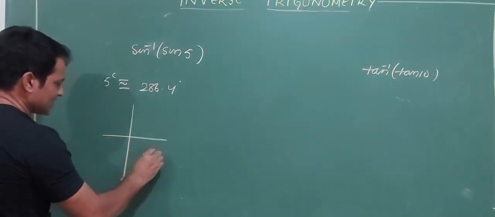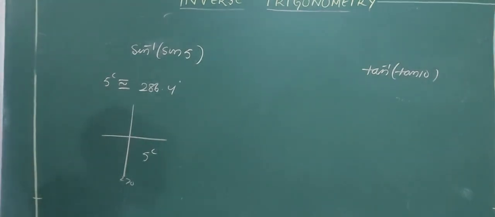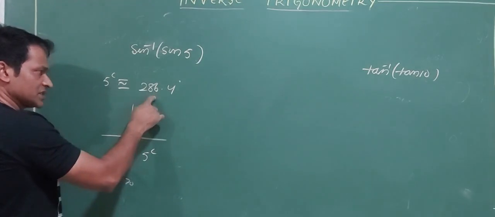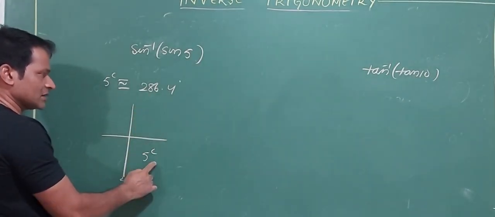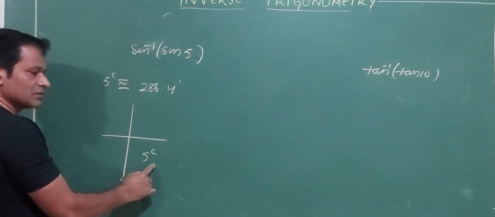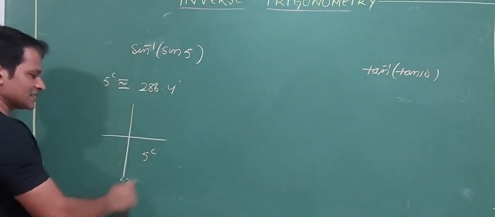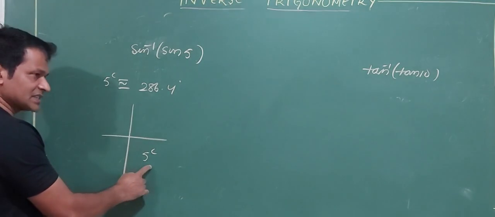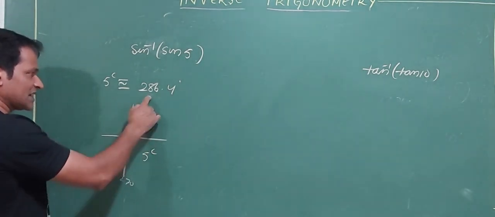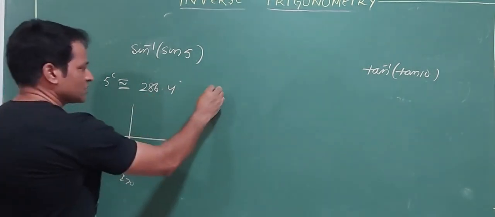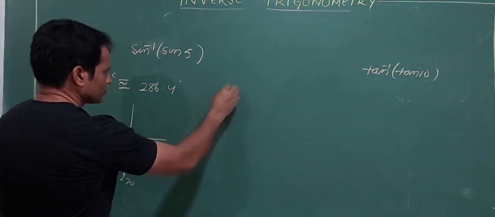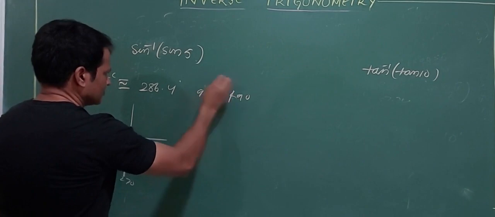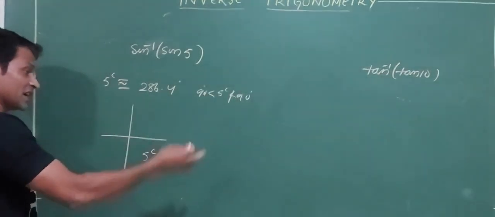So 5 radian is here. This is 286.4. It is helping me to go to which quadrant now? What you are calculating is sin. Sin in this quadrant is negative. Normally because sin is negative, the inverse is also negative. But this value 286 is not lying between minus 90 to 90. It's not lying between, so I have to bring it to that format.